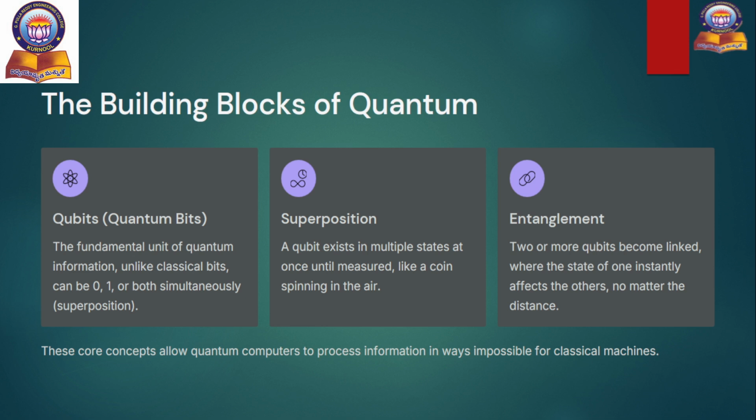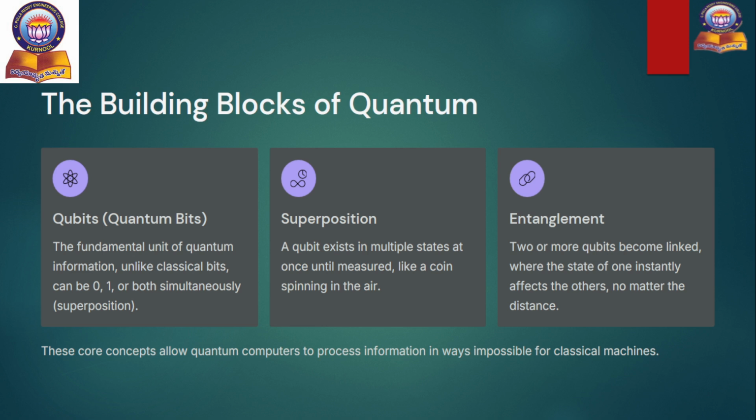And quantum mechanics also focuses on entanglement. Entanglement is when two or more qubits become linked, where the state of one instantly affects the other, no matter how far they are. So it can also be defined like the state of one qubit immediately affects the other, no matter how far apart they are.